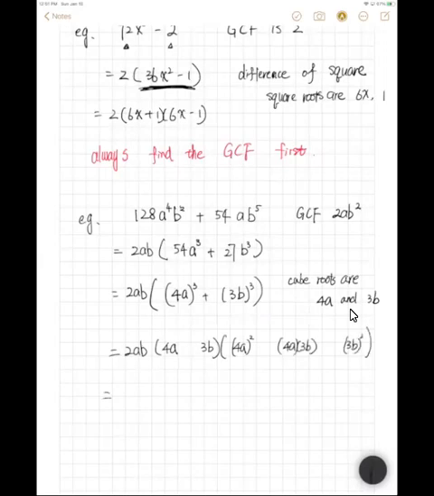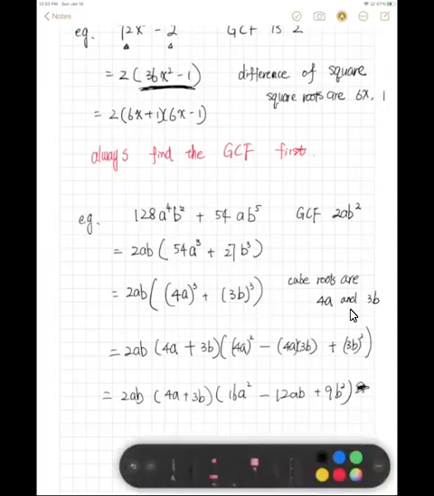Okay, use SOAP: same, opposite, always positive. And now we simplify it. (4a) squared is 16a squared, minus 12ab, plus 9b squared. So that would be the solution. I want you to simplify to this step.